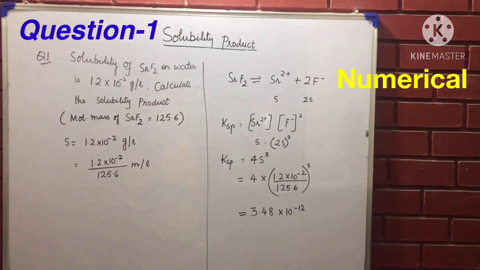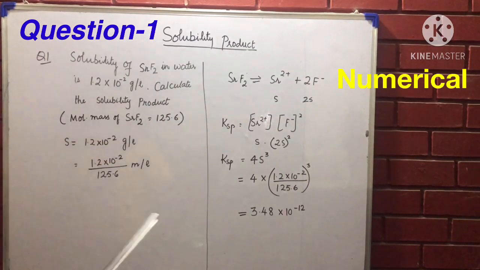Now see question 1. It says solubility of strontium fluoride in water is 1.2 grams per liter. Calculate the solubility product. Since it is given in grams per liter, we will first change into moles per liter. So grams per liter is weight upon molecular weight. Molecular weight is given here, 125.6. So weight upon molecular weight changes into moles per liter. We always use the molarity.